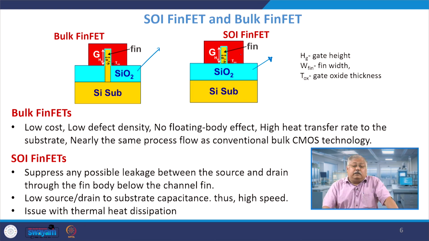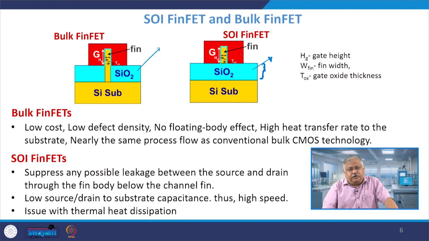Whereas in SOI, the major advantage is that it suppresses the leakage current, since you have this thick silicon dioxide layer here, which does not allow the back channel or back gate reverse leakage current to flow, and it has a relatively higher speed.